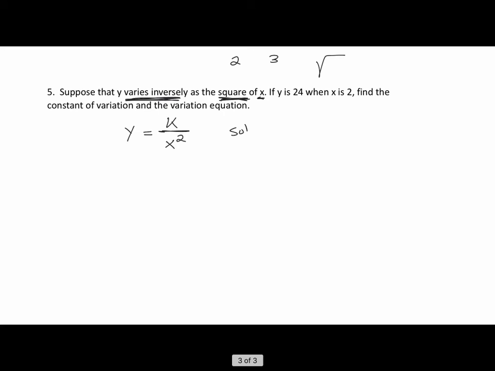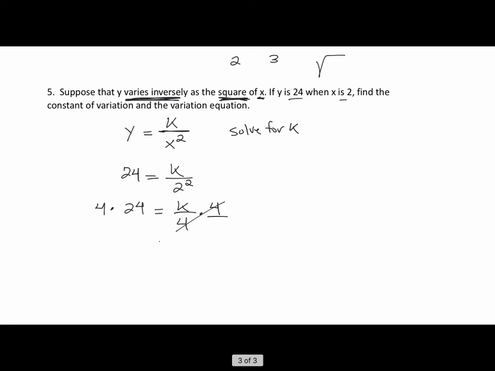So now we can solve for k given the next information here, which is if y is 24 when x is 2, and it's not just that, it's x squared, so 2 squared, right? So we can use that to solve, and we're going to have to actually square that 2 first, so that's 4. And then to solve for k, we multiply.